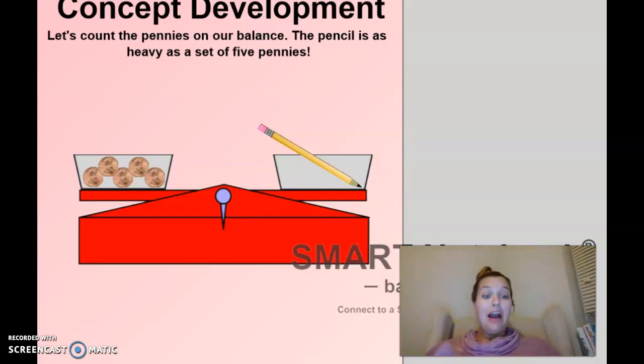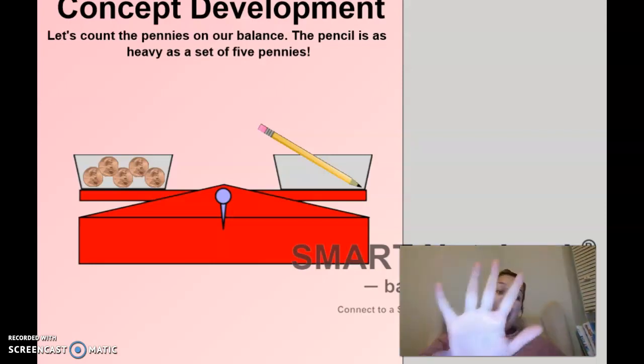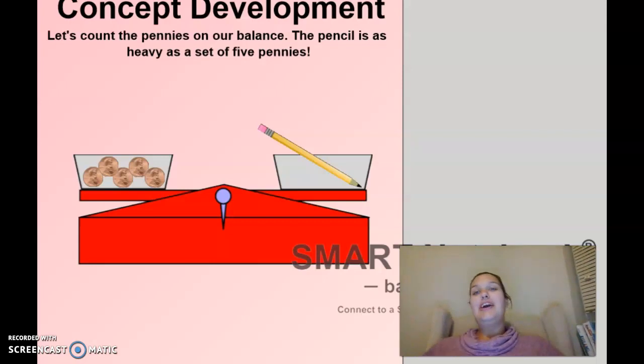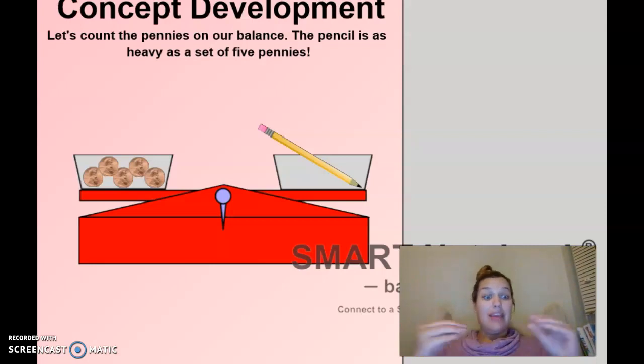And we know our pencil weighs as much as how many pennies? 5 pennies. Awesome job. So today for your exit ticket, you're going to look at some pictures and you're going to figure out what's lighter than or heavier. Sometimes I may ask you to see if they're equal or how many objects it took to make the scale balanced.